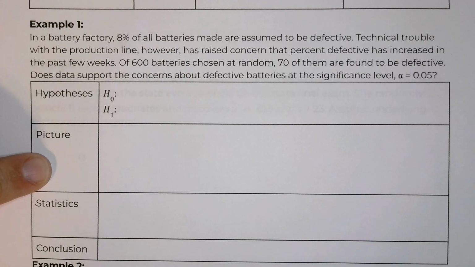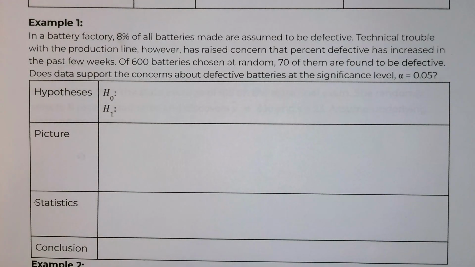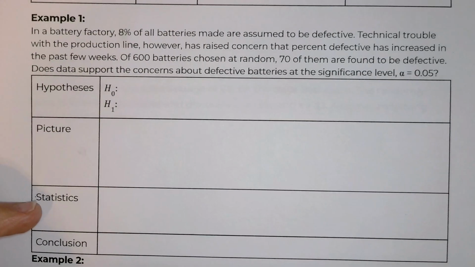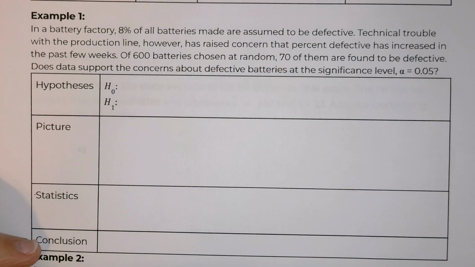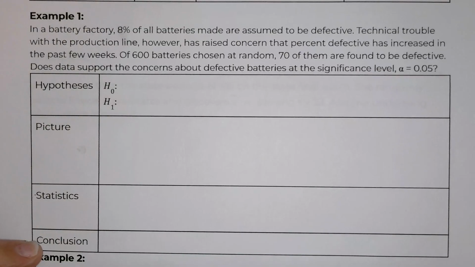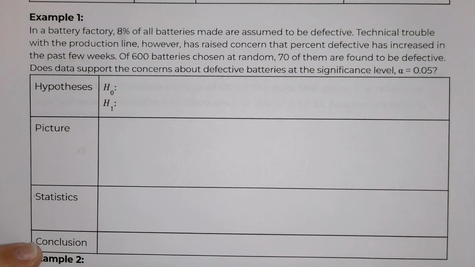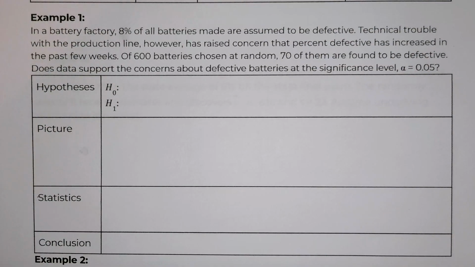So after you find your critical value, you can do that. Then we're going to compute the test statistic, and then we'll make a decision to reject or not reject. Notice that we are not going to accept the null, we are just going to reject it, or we're not going to reject it. And then we'll summarize the results in a conclusion.